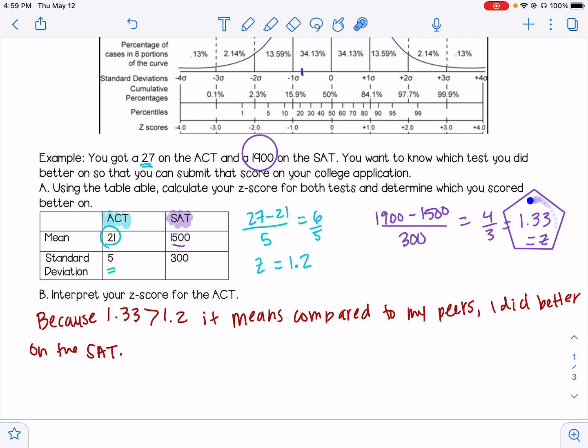I'm more standard deviations away from the mean on the SAT than I am on the ACT. On the ACT, I'm only 1.2 standard deviations away.